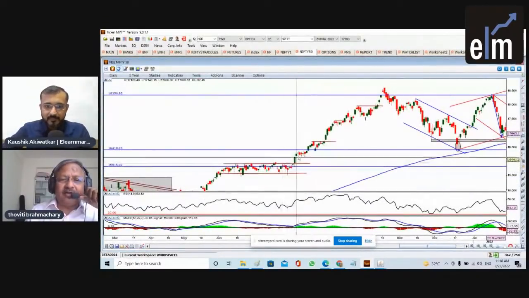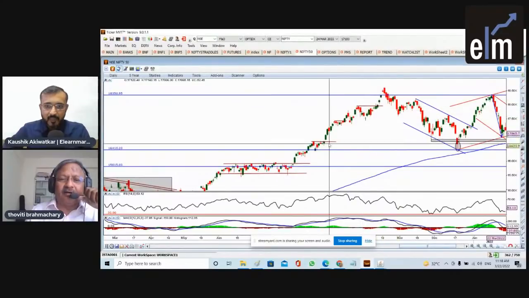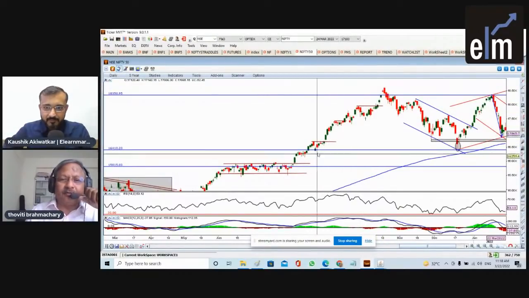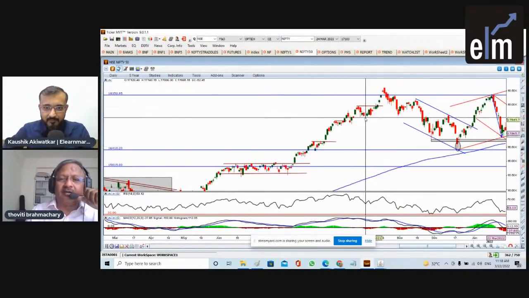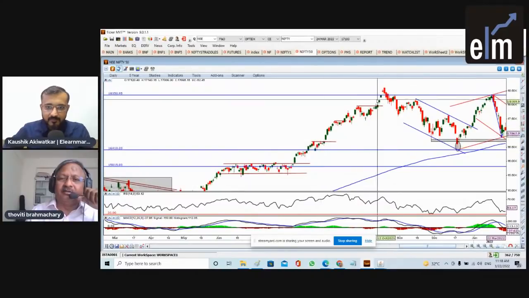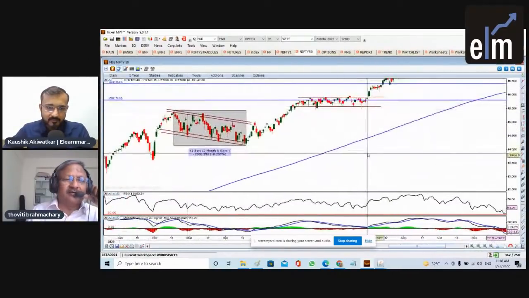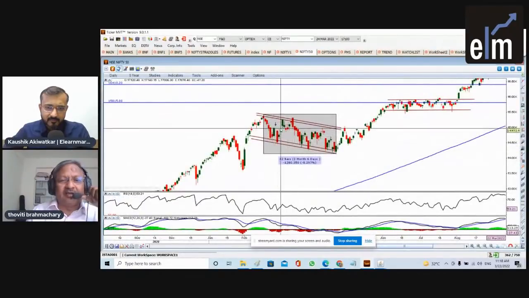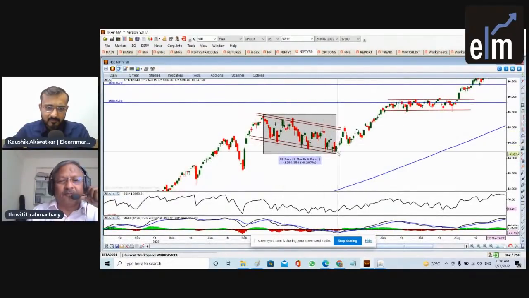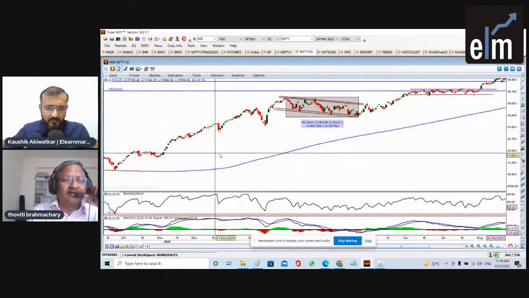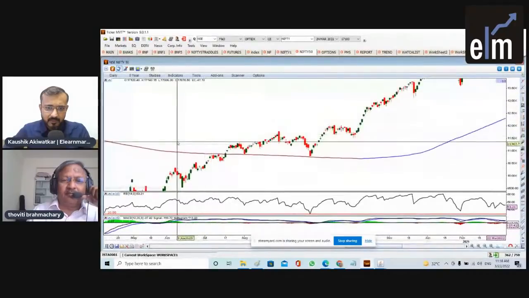See, this entire uptrend, all the gaps are on the upside, except one or two here and here. All the gaps are upside only. So look at these gaps. Even in the downside, the gaps are mostly on the downside only, right?